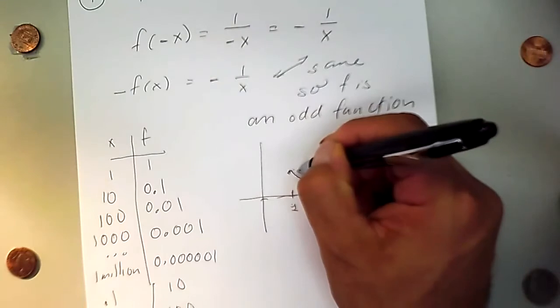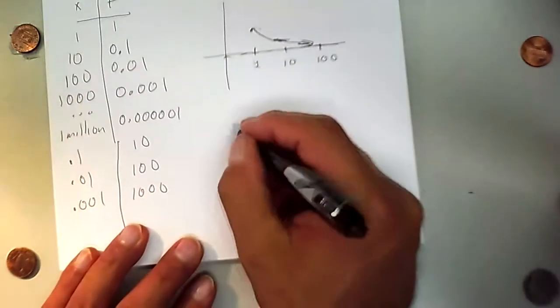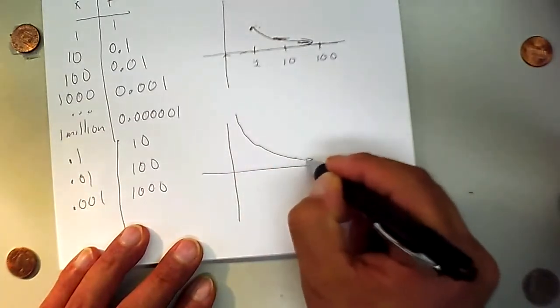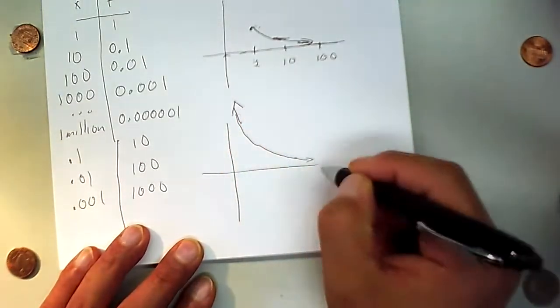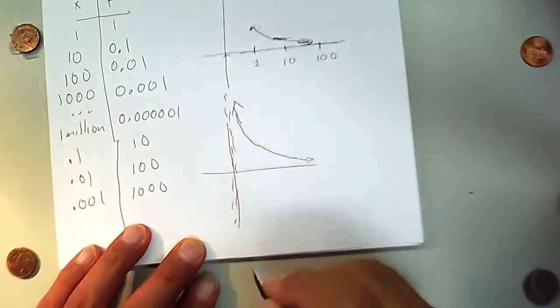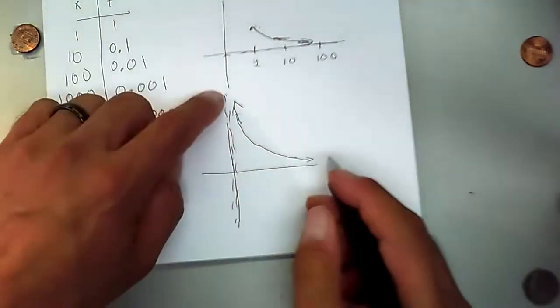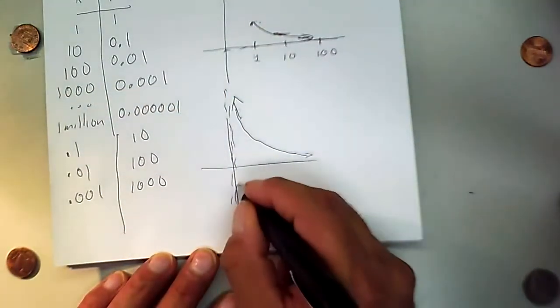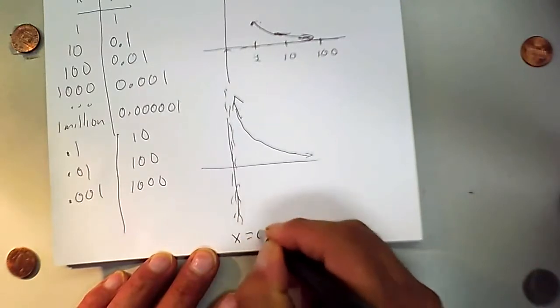And so I'm going to draw a new picture. This is the shape that we have, this curve. And then we have this asymptote. This vertical line, which is not really part of the graph, but we'd still draw it as a dotted line, is the vertical asymptote. The vertical asymptote will be x equals 0.